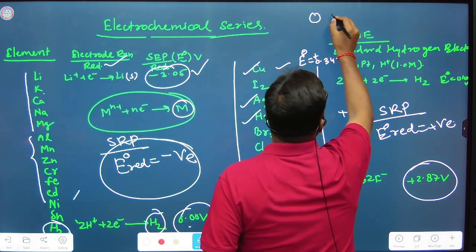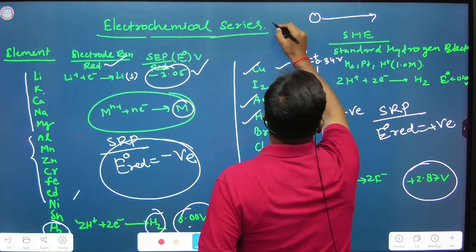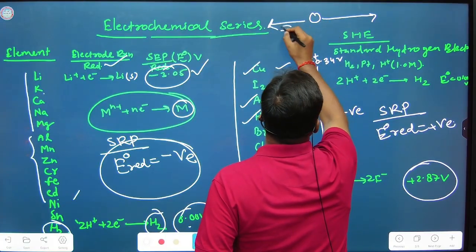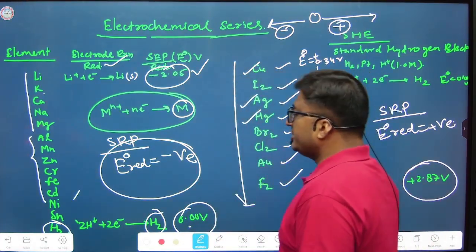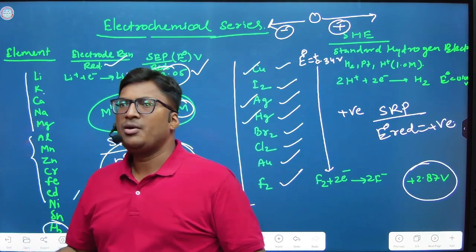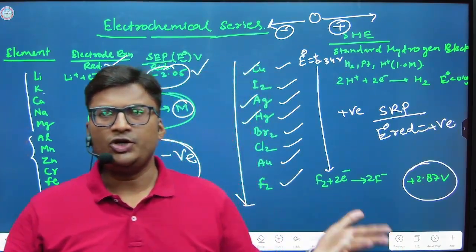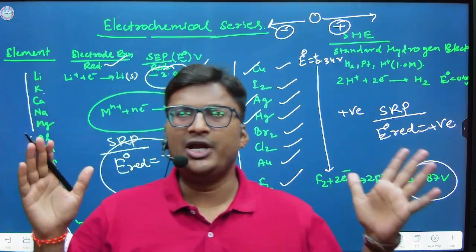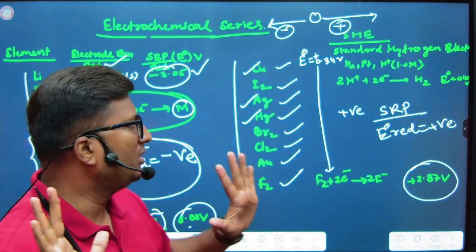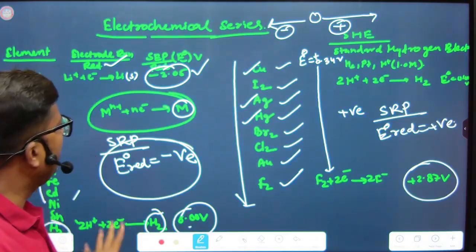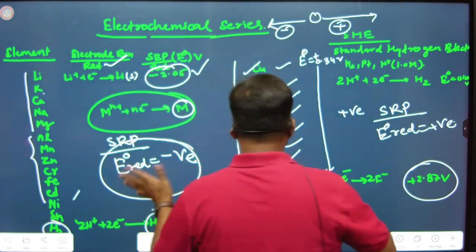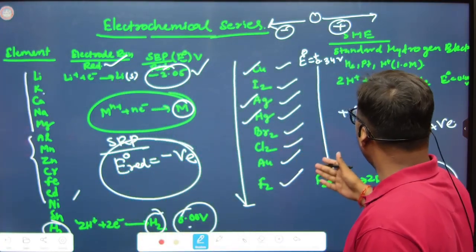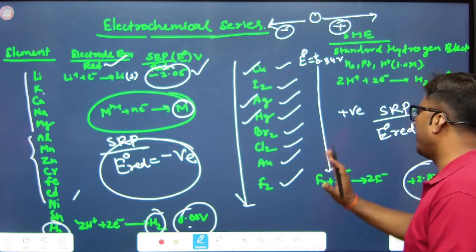This is 0, this value will be negative, and this value will be positive. So it means standard reduction potential may be a negative value, or a 0 value, or a positive value, right? So this should be clear. Otherwise, if you want to ask any questions at any stage, I will give you a deeper insight regarding that.